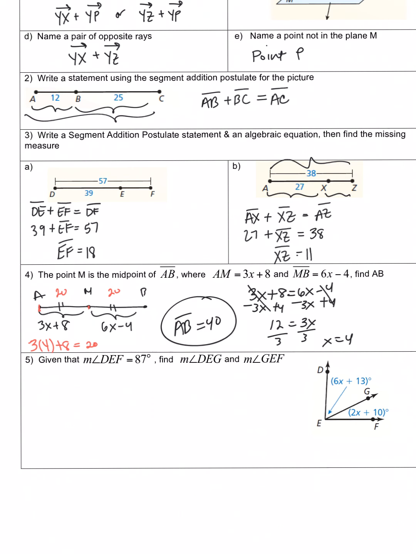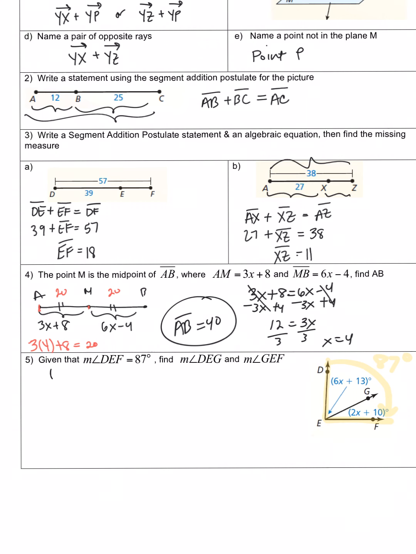All right, 5. Given angle DEF is 87 degrees. DEF, that's the full angle. The full angle is 87 degrees. That means this angle plus this angle equals 87 degrees.